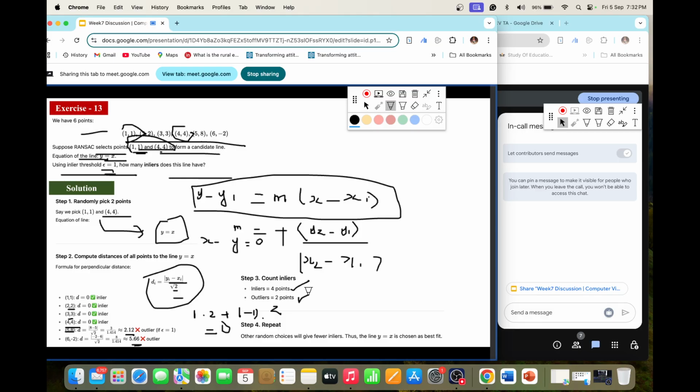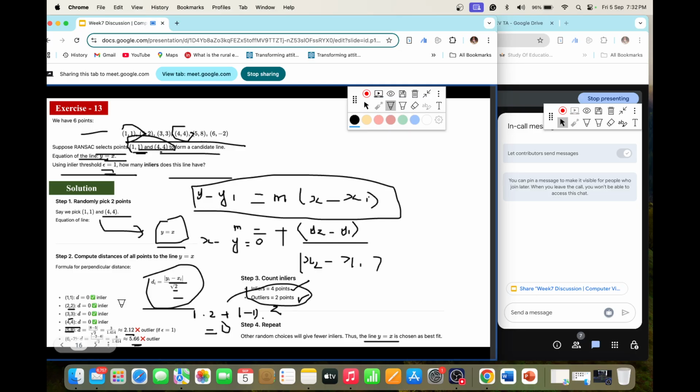Okay, similarly you can repeat with other random choices, and then you can get the equation of the line that best fits. Okay, so that is RANSAC. So what is important is how many inlier and how many outlier points. You have to form the equation of the line, calculate the perpendicular distance of that line from all the other points, and then choose whether the points are inlier or outlier.